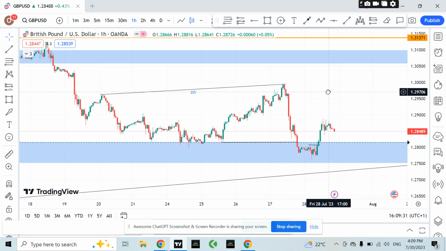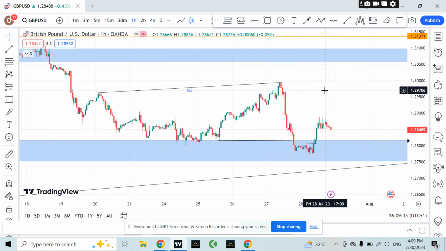I'm going to mark the right zone on the lower time frame, so we can be able to see. So you see, there is actually an Asian range going to be created at this level. We're going to have a lot of accumulation at this level.